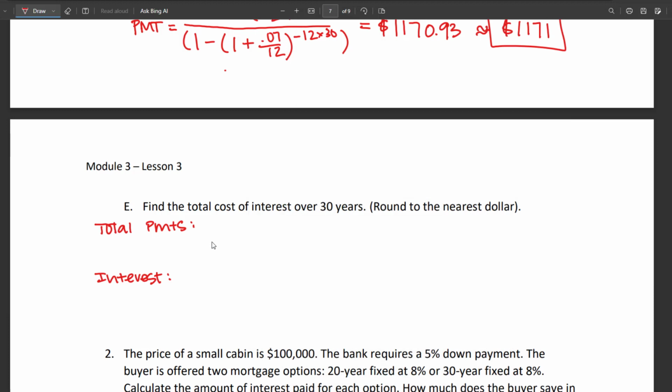So your total payments, let me write this all out, 1171 times 12 times 30 gives us $421,560.